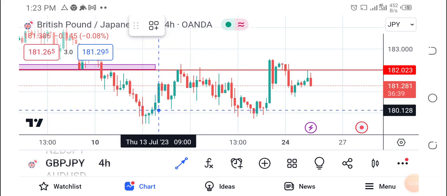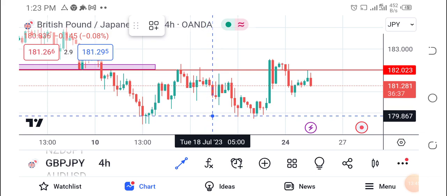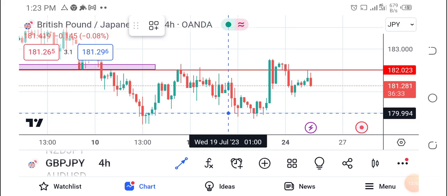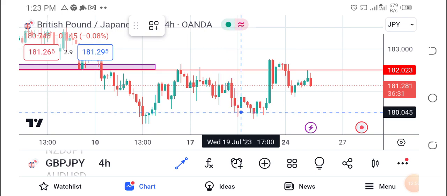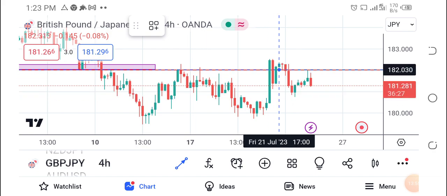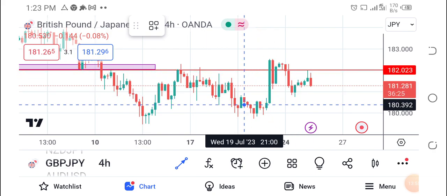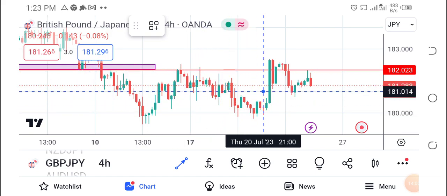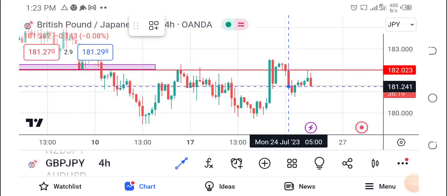When price reaches this point, it continues its movement upwards at this psychological level. This has also formed a double top pattern here, and when it reaches the point again, the price went up, forming a series of double tops and double bottoms. It came down, and it reached the point again, and it's now coming down.